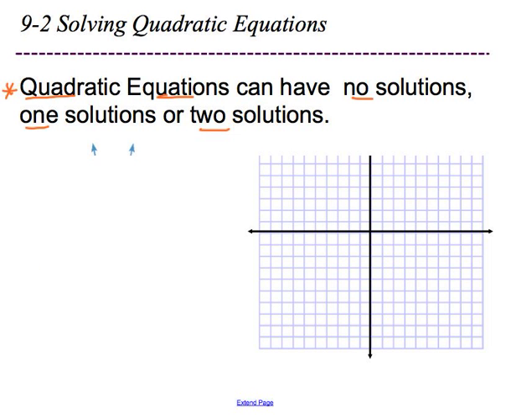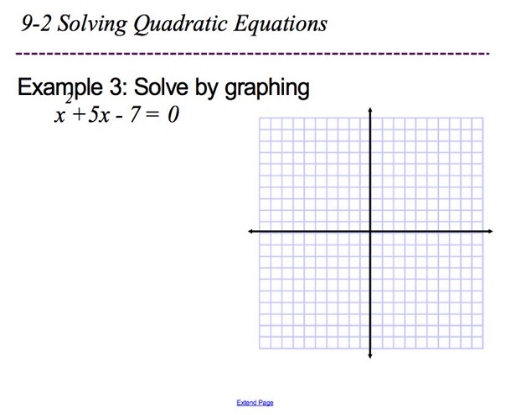So if we think about solving this one by graphing, we first have to actually do the graph ourselves. We have to first find the axis of symmetry. So x equals the opposite of b, -5, over 2 times a, which is 1.